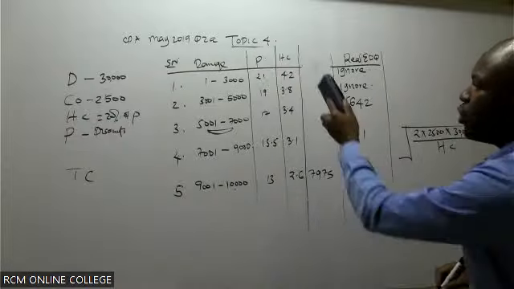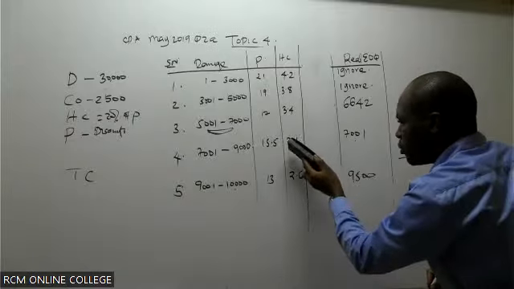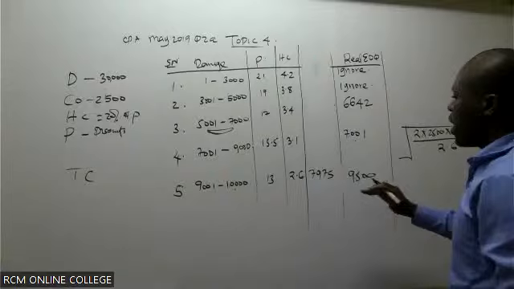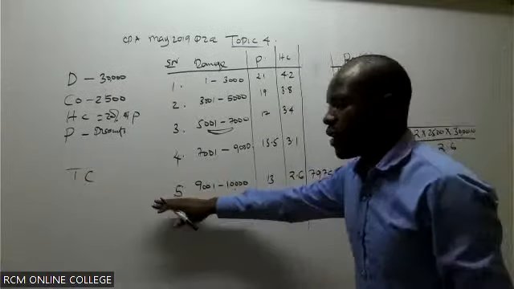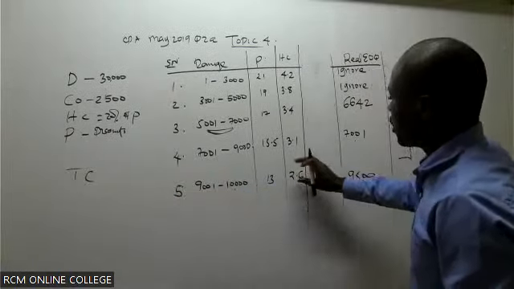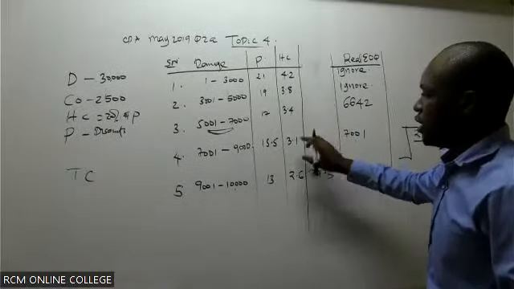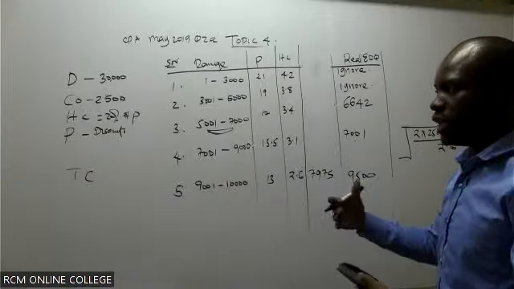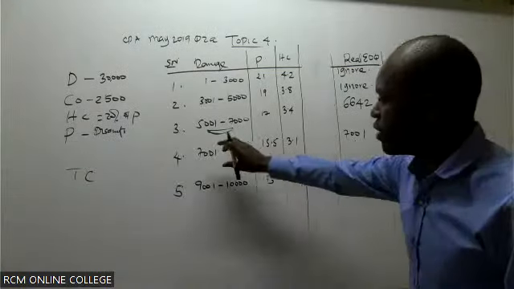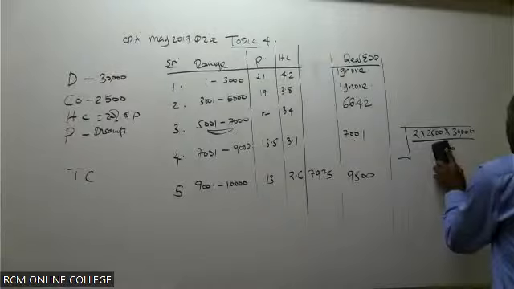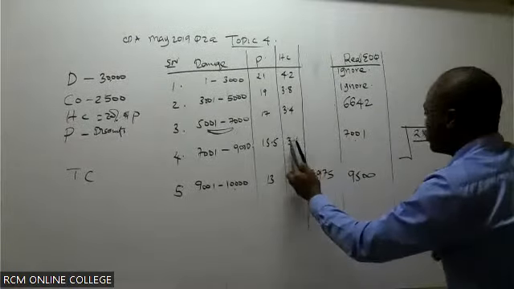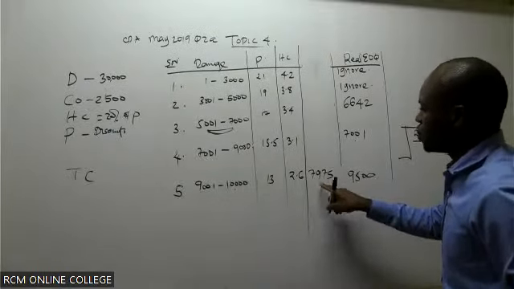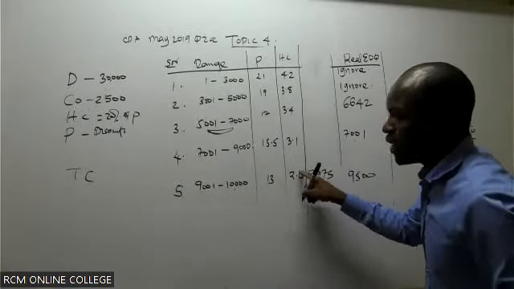You are taking holding cost of 2.6, not 3.1. Ukichukua 2.6. Why are you getting 2.6 from range 5? Why do you take a figure from range 5 and use it in range 4? Yet range 4 has got 3.1. Why do you want to bring it back? If you want to bring anything for range 4, then do away with 2.6, give us the holding cost of 3.1, because this one here is coming as a result of the holding cost in that range.